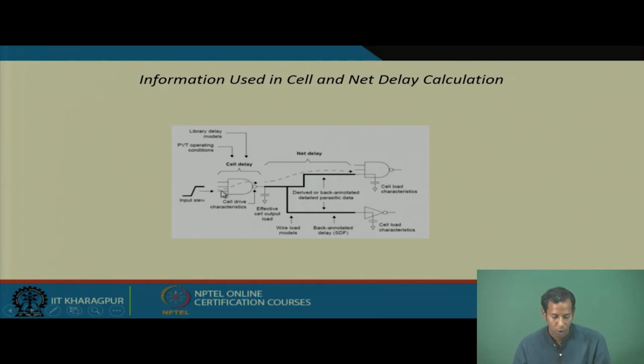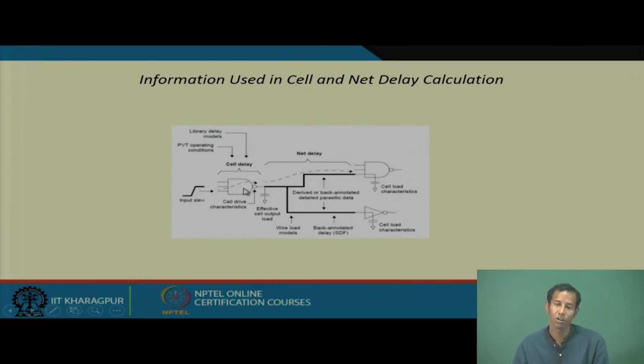These gates will have the cell delay. The cell delay depends on the process, voltage, temperature variations as well as the library delay models. Depending on these two pieces of information, every cell delay is mentioned in the library.